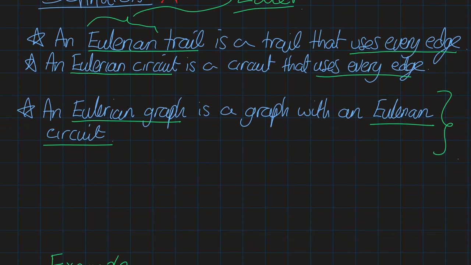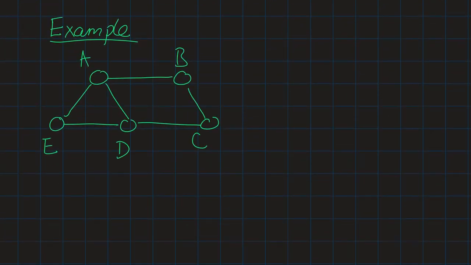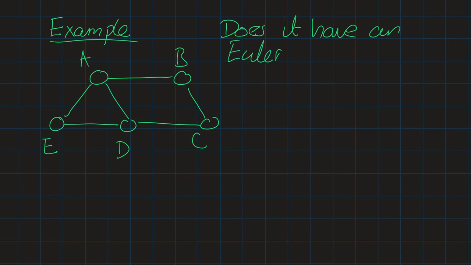So let's do a quick example. Here's some graph, right? And the question is, does it have an Eulerian trail? Well, let's just try.